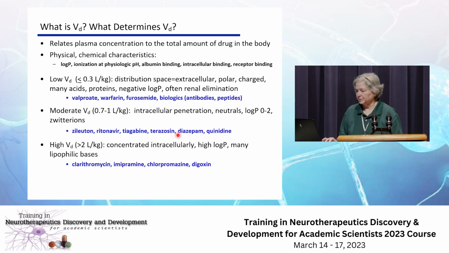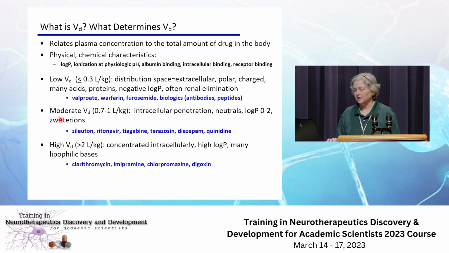So what is volume of distribution, and how is it determined? Volume of distribution is just a term that relates the plasma concentration to the amount of the drug that's in the body. And it is primarily determined by the physical chemical properties of a compound. So log P, again here as we bring back log P, the pKa of the compound, the protein binding, receptor binding.